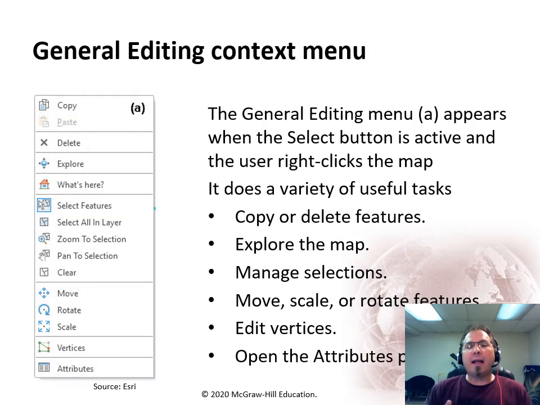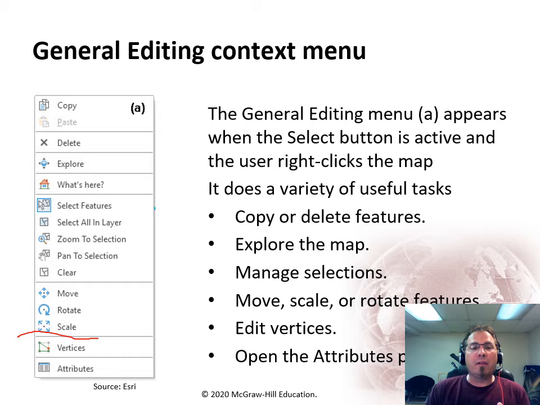The general editing context menu is the one that is active when you right click on the map itself. So when you're in an editing session and you right click, this is what it allows you to do. Things like copy and delete. You're not going to use this a whole lot, but you might want to click on edit vertices, which is down here in the second section.